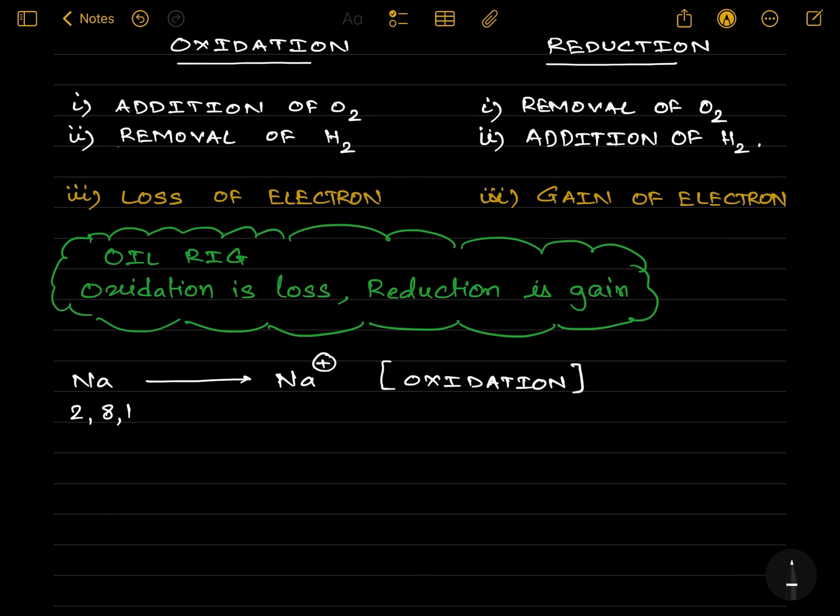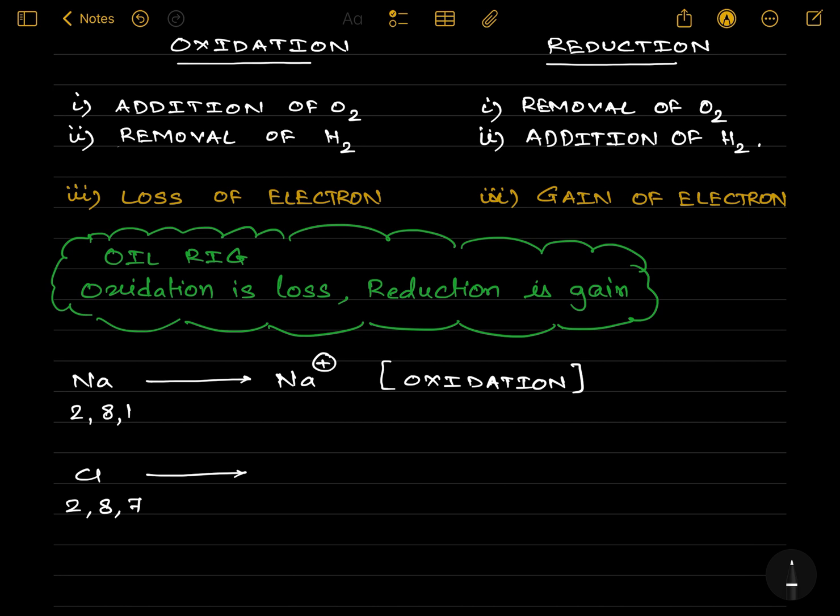Now, we have been learning this process for a pretty long time. In almost every chemistry lecture we talk about sodium and chlorine: sodium loses one electron, chlorine gains one electron. But understand, even this is a process of oxidation and reduction. Similarly, chlorine is 2, 8, 7.